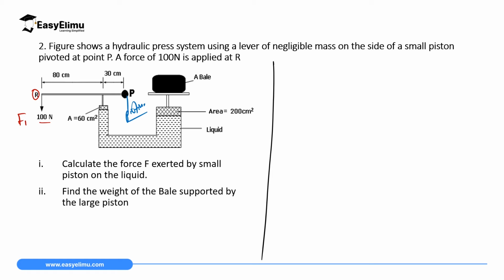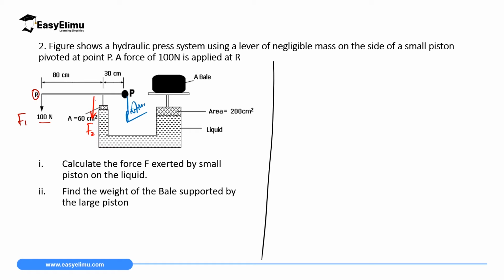Then the question is, calculate the force F exerted by the small piston on the fluid. So here we want to calculate a force F. Let's say there is a force which will be exerted by this piston down into this fluid. In this case, let's call it F2.